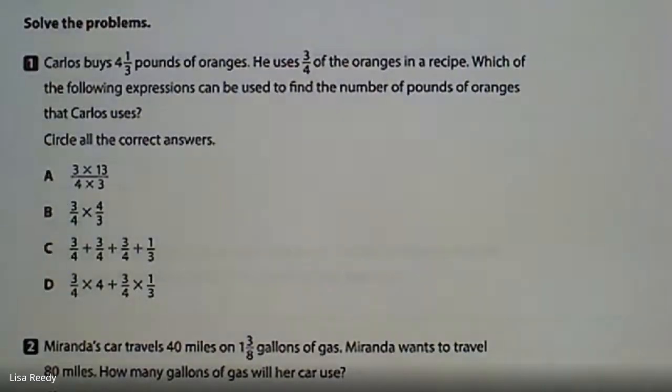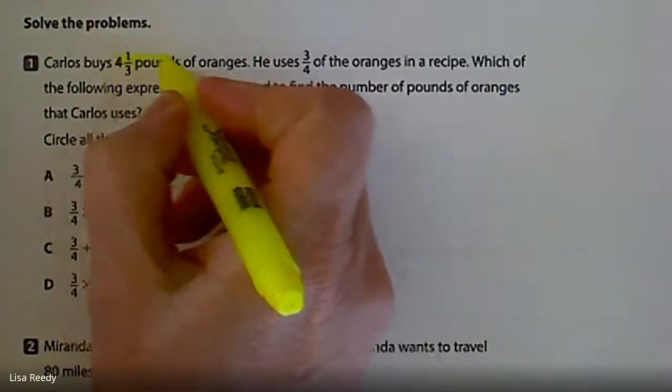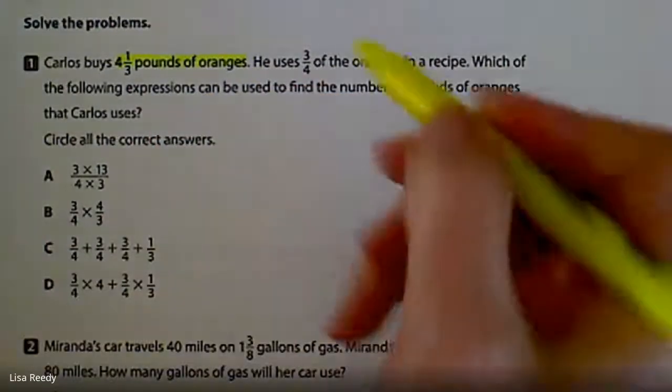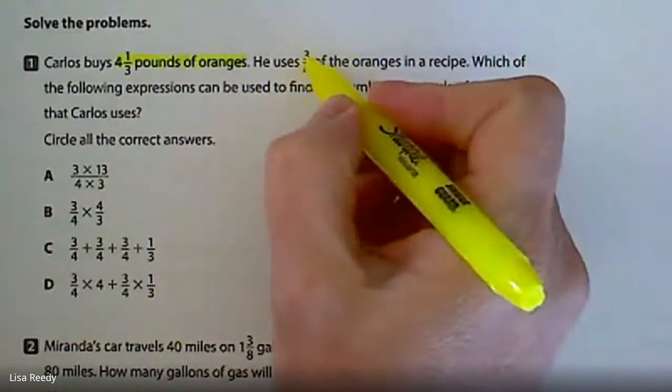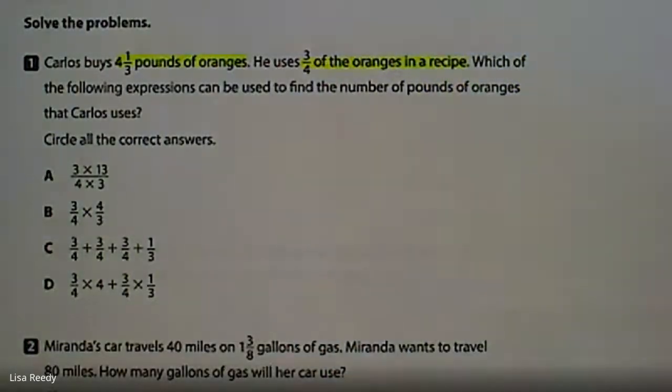It says Carlos buys 4 1/3 pounds of oranges. He uses 3/4 of the oranges in a recipe. Which of the following expressions can be used to find the number of pounds of oranges that Carlos uses? And you're circling all the answers that are correct. So again, we see that he has 4 1/3 pounds of oranges, and he uses 3/4 of those oranges in the recipe.